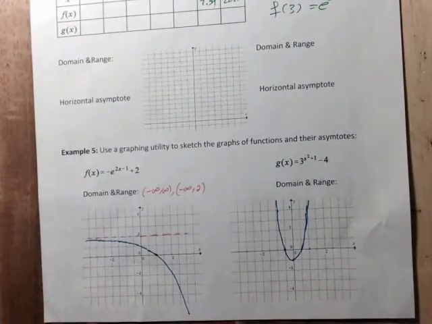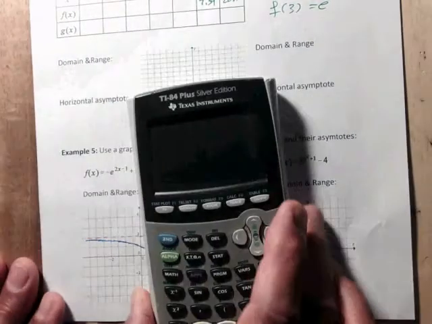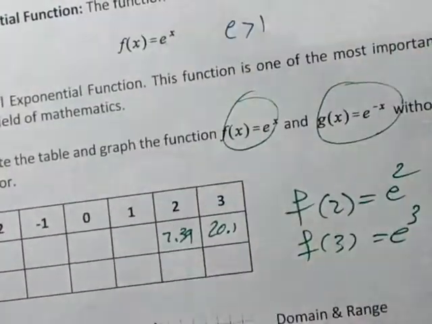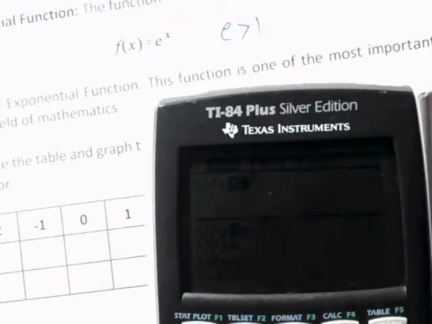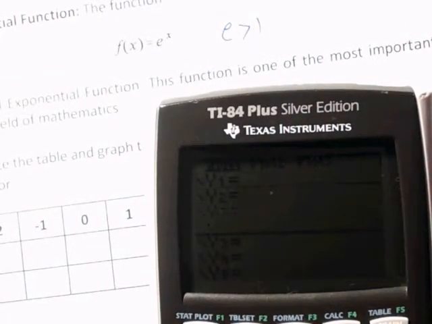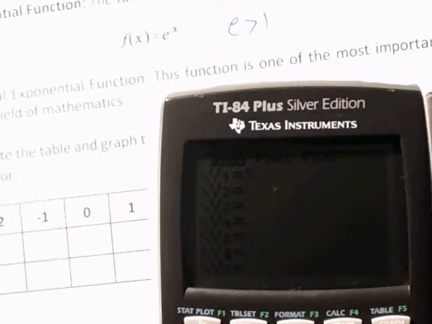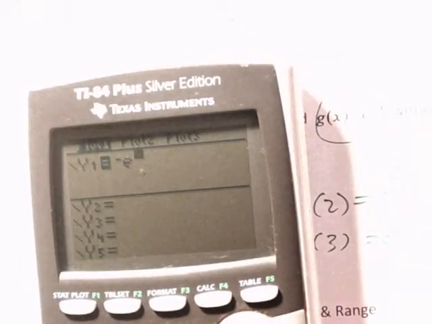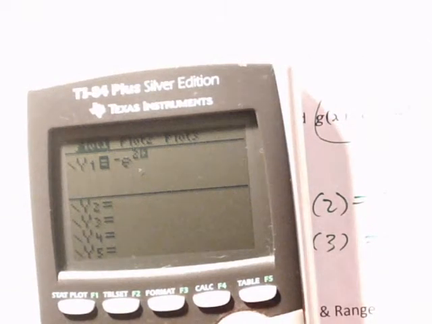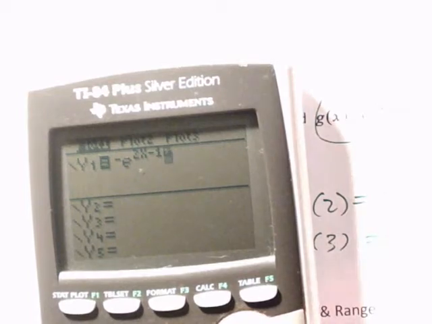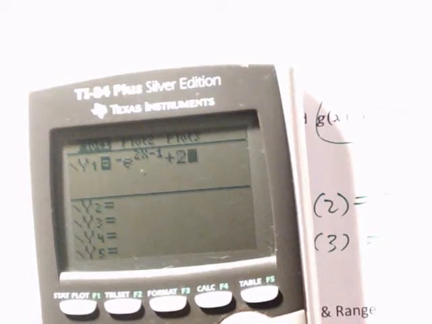So let me just show you how this works. Clear. I'm going to type this one: minus e to the power 2x minus 1 plus 2.